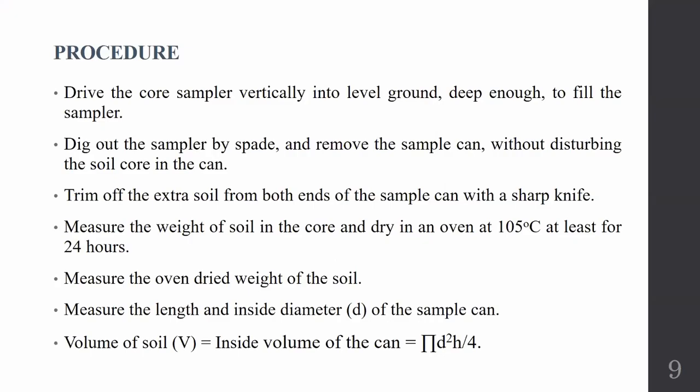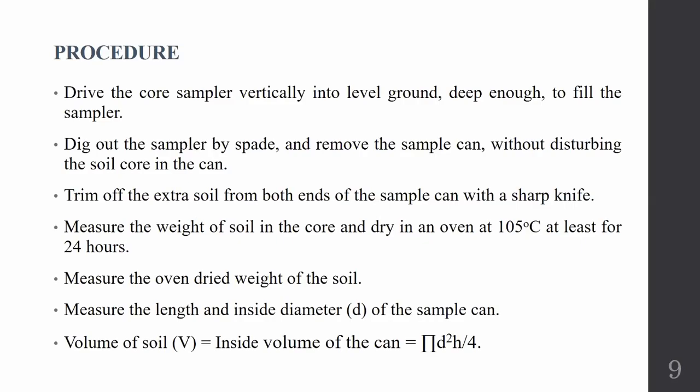The main important thing is that you have to take that sample without disturbing it. Remove the sample can from the sampler can. Then trim off the extra soil from both ends of the sample can with a sharp knife.